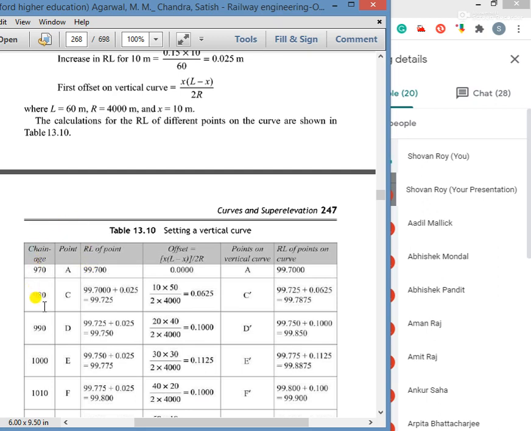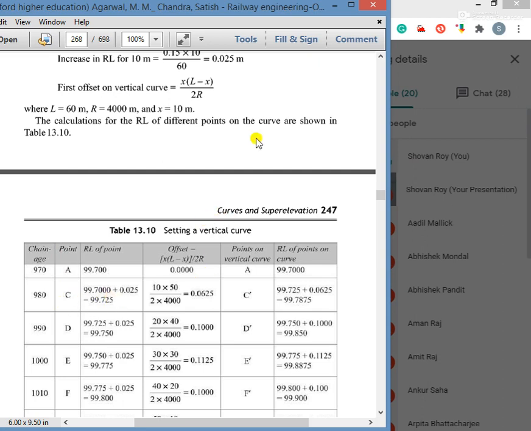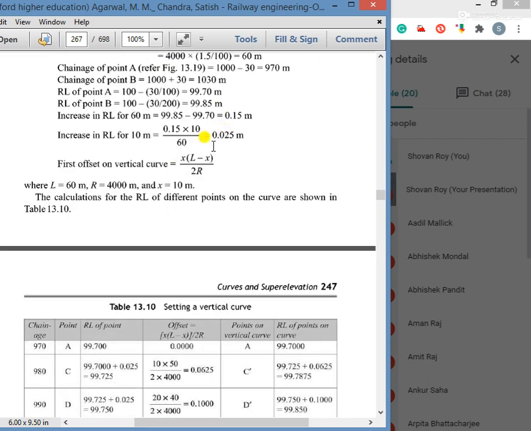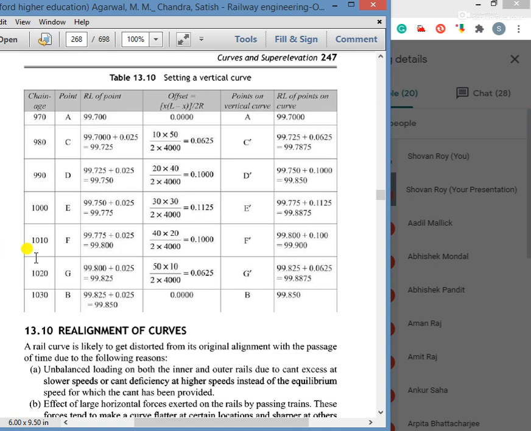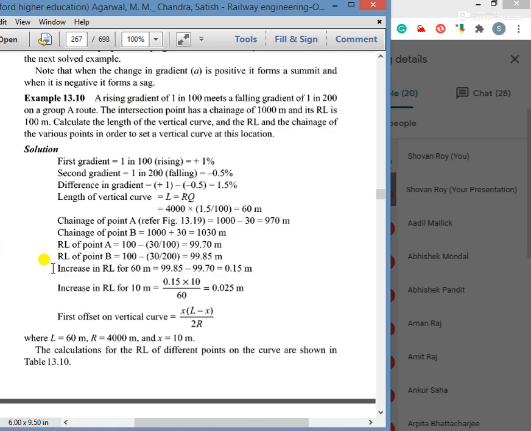After 10 meter distance, for point C the value is 99.7000 plus 0.025, this increase in RL, and the offset. So this is the complete calculation of the vertical curve.